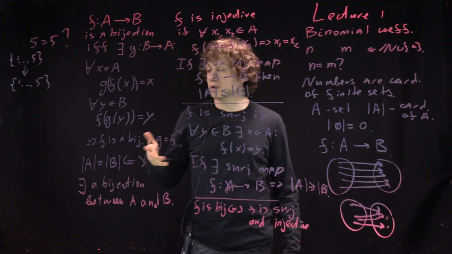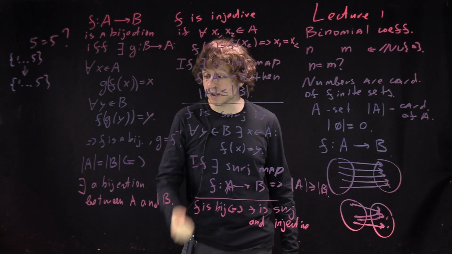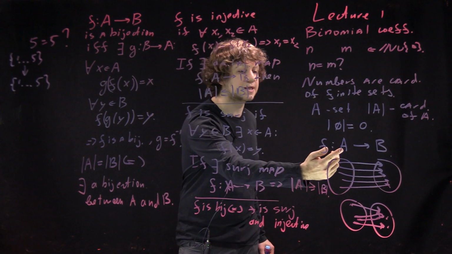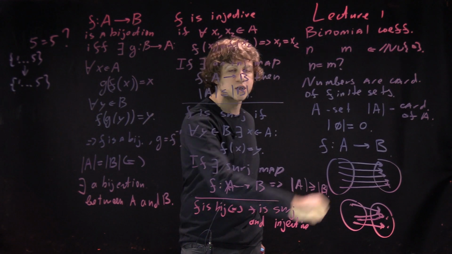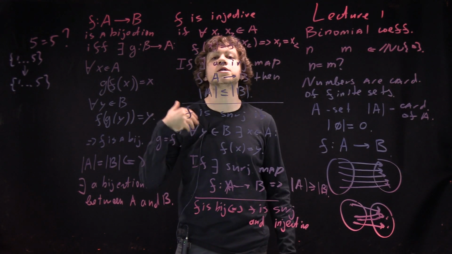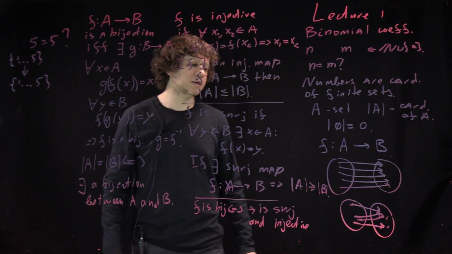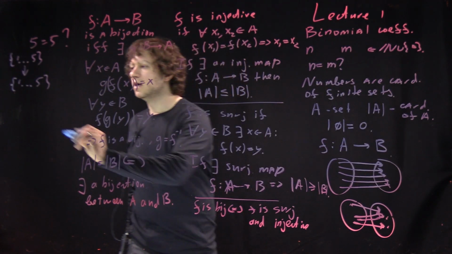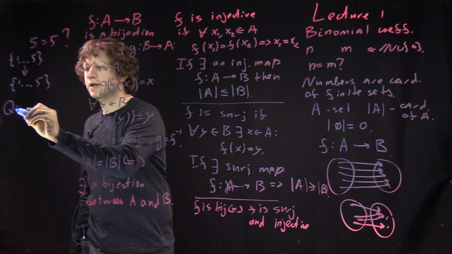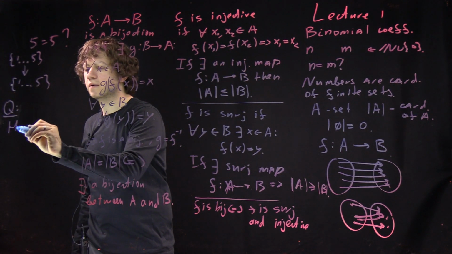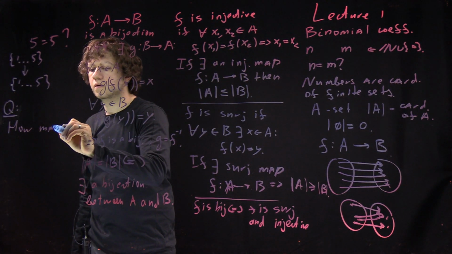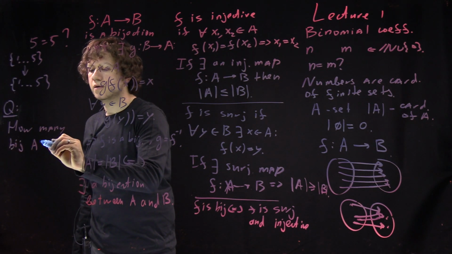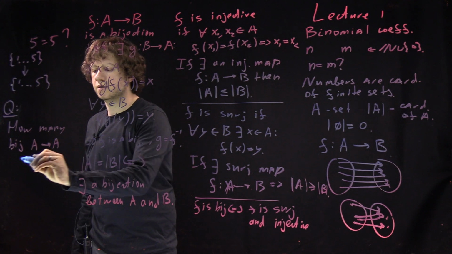And this is already interesting, because now we can ask, okay, so suppose we have a finite set A and finite set B, and there is a bijection between them. How many bijections are there between them? And it is easier to think just about bijections from a set A to itself. So the question is how many bijections from A to A are there?